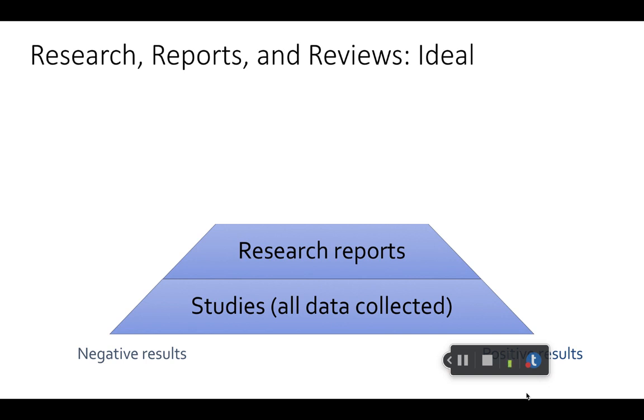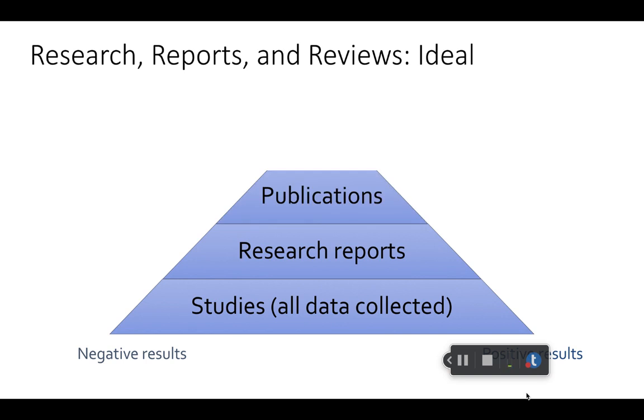And then based on those technical reports, we produce publications in journals, articles, books, and so forth. And publications tend to be a subset of all of the research results. So here we're going to highlight perhaps the most important results with some of the technical details left to the full scientific report.